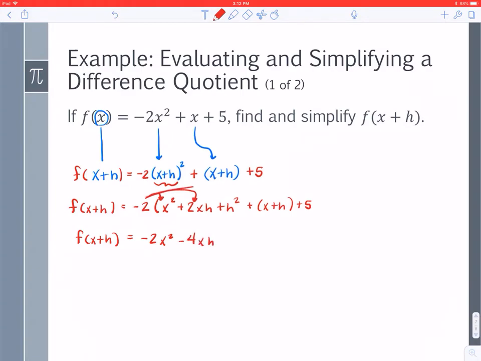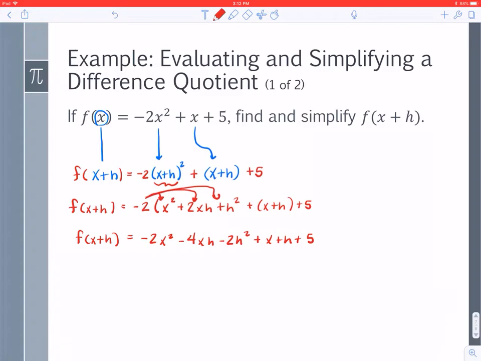And then distribute the negative 2 across the h squared. Negative 2 times plus h squared is negative 2h squared. I can go ahead and remove the parentheses around the x plus h. And there is the expression that represents f of x plus h.